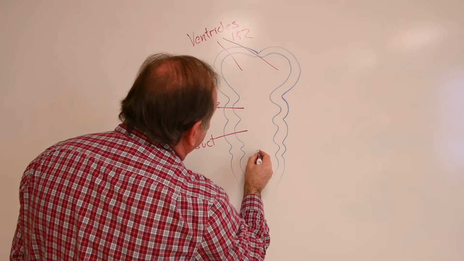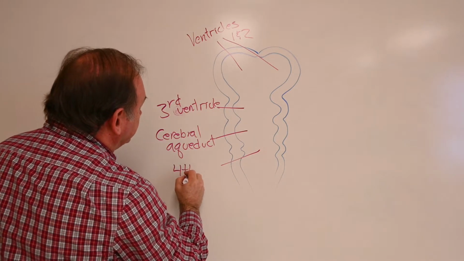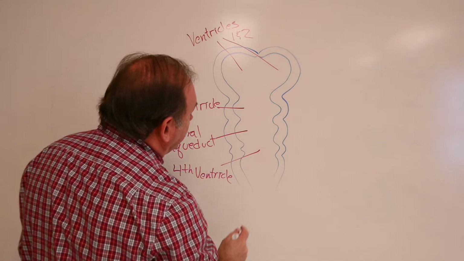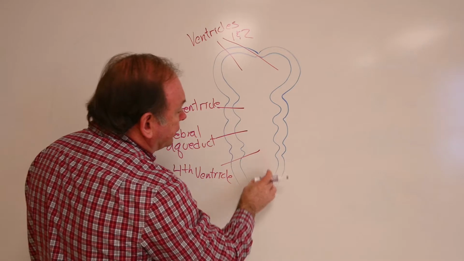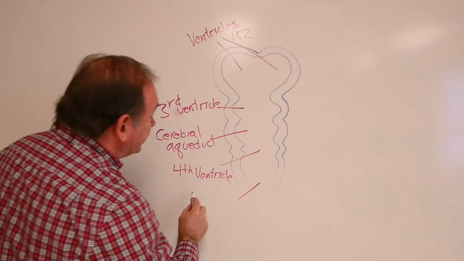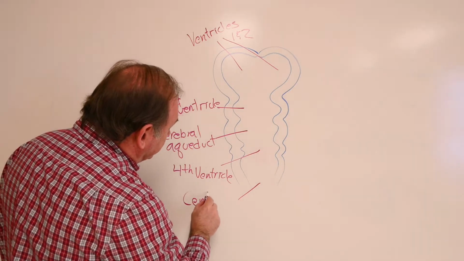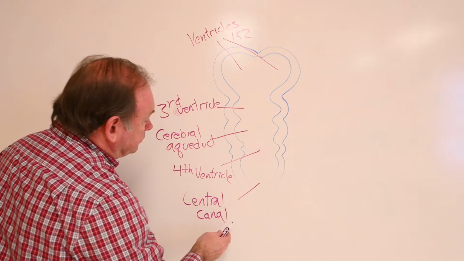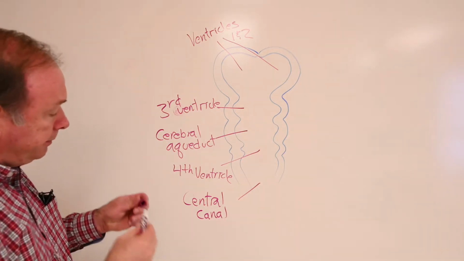Better indicate that over here. Now, after the fourth ventricle, this tube narrows into what will become the central canal of the spinal cord. Central canal. There.